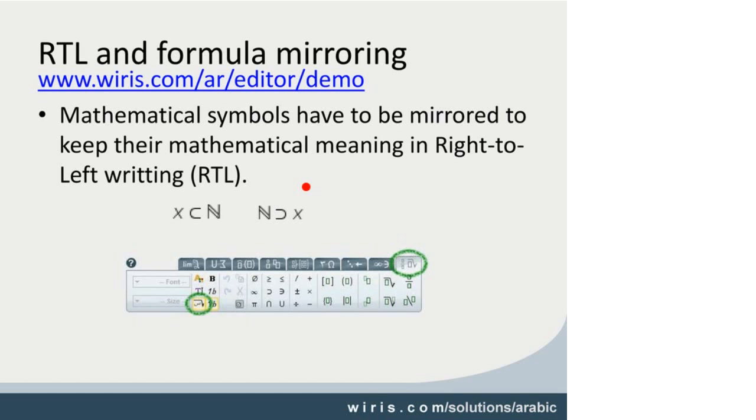I will show you how to do that. So we go to the editor. That is a demo site. Let me start with the typical, European thing. So this is the equation editor as it used to be.